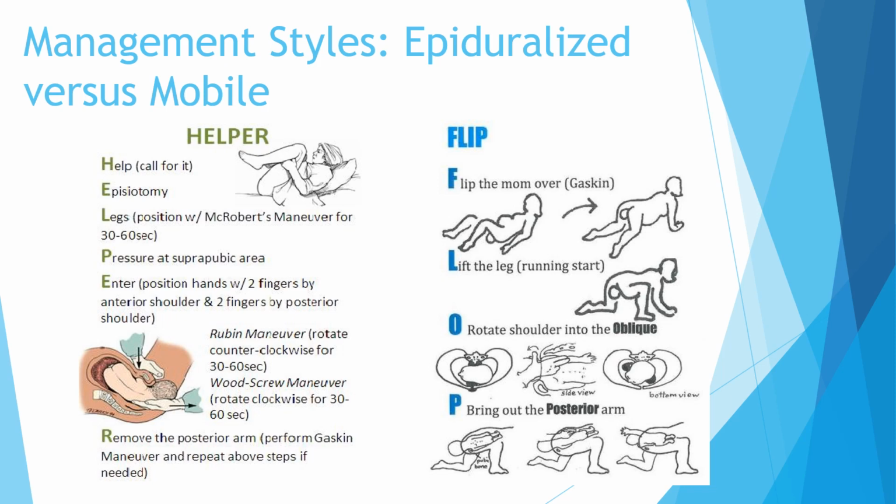The flip-flop method, more what Gail Tully was referencing, has to do with non-epiduralized women: hands and knees, rotating the angle of her pelvis, going from Gaskin, going side to side, doing that Parkinson maneuver, changing the angle of the pelvis so we can have her body rotate the baby. If we need to go in and help, we're trying to get into that oblique angle for her pelvis. And then the last would be bringing out that posterior arm when she's in hands and knees.